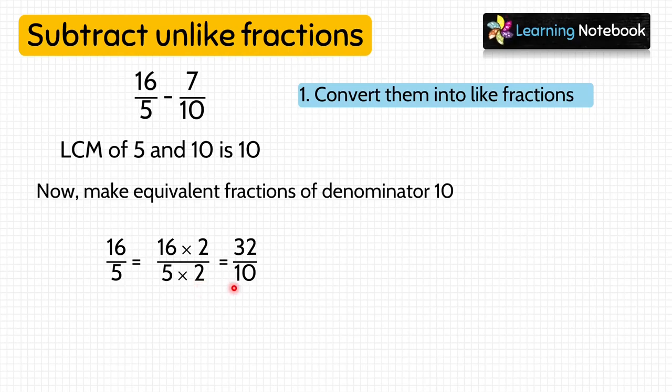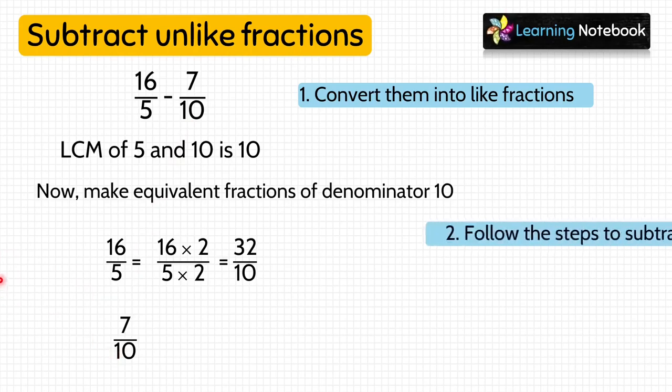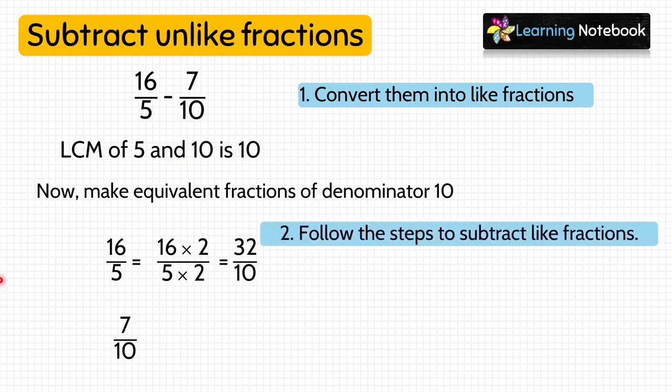We get 32 by 10. Now look at the second fraction, 7 by 10. It already has denominator 10. So students, we have converted two unlike fractions into like fractions. Now we will follow the same steps to subtract the like fractions.